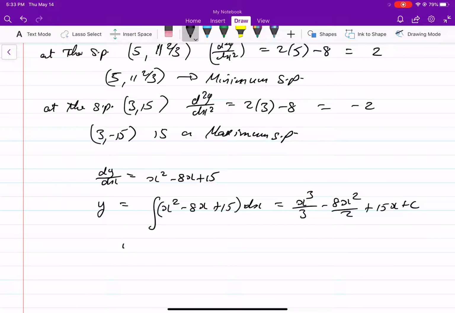Let me write that back here and simplify it a bit. y is equal to 1/3 x cubed minus 4x squared plus 15x plus c.